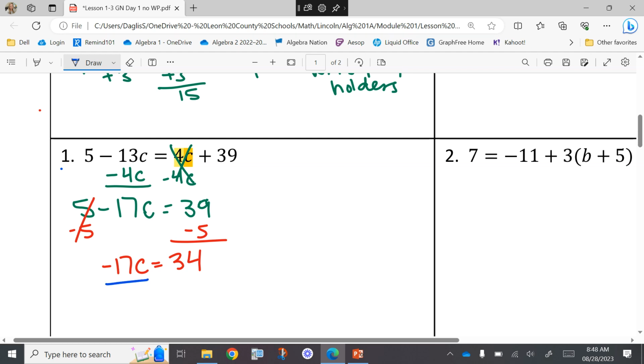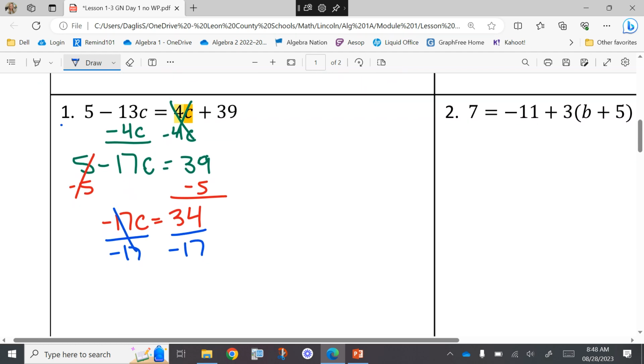So to undo that multiplication, we're going to divide. 34 divided by negative 17. You have calculators. Negative 2. We good? Okay.